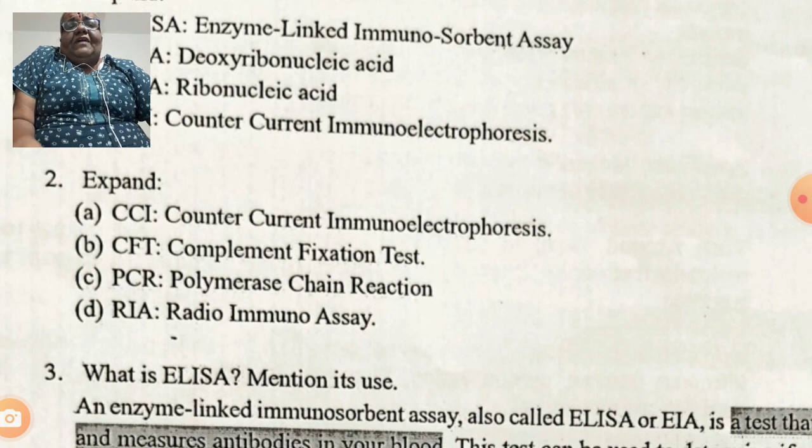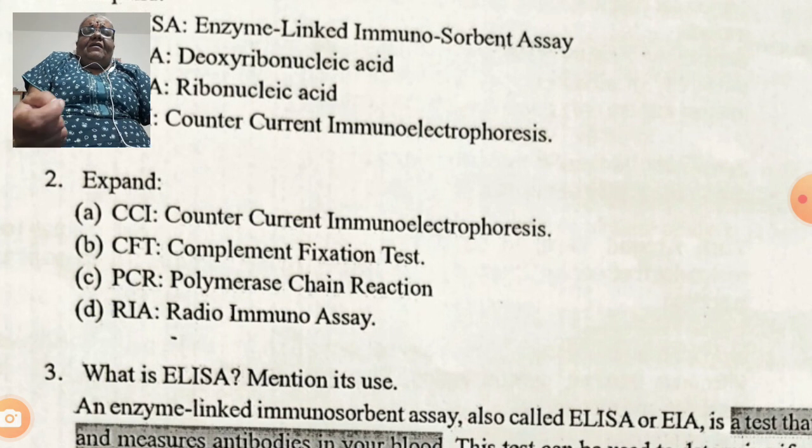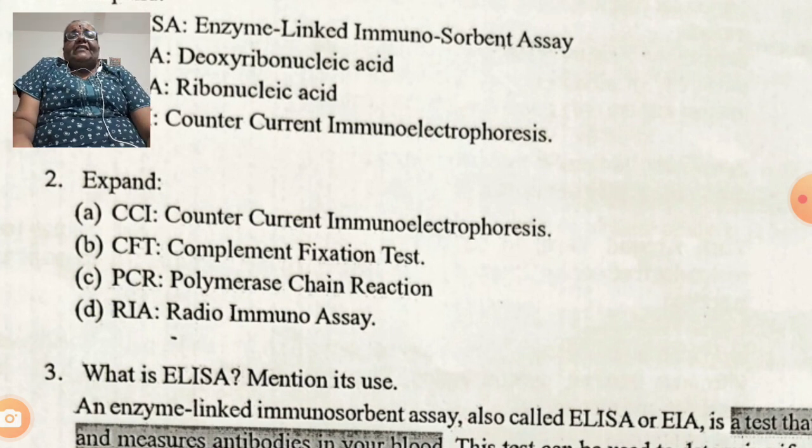Basically, this was devised to know the quantities of hormones present in the blood, and Rosalind Yalow, a lady scientist, was the first person to discover this RIA technique, radioimmunoassay.